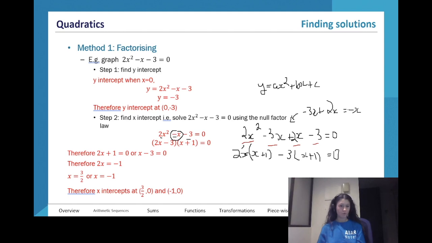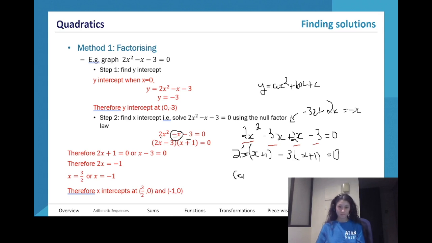But the important thing to take note of is that the two brackets have the same things in them. Because now that they have the same things in them, we can group all of these numbers together. It's like x plus 1 is a common factor to both of these.